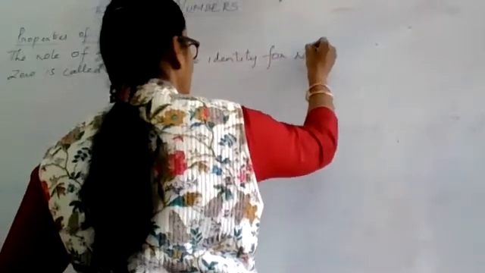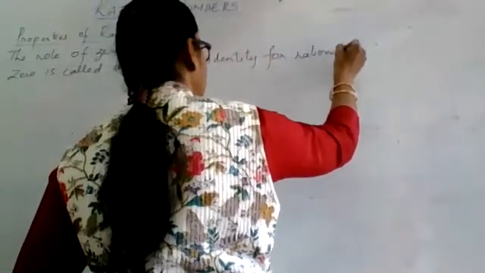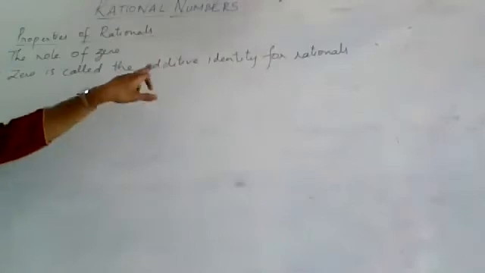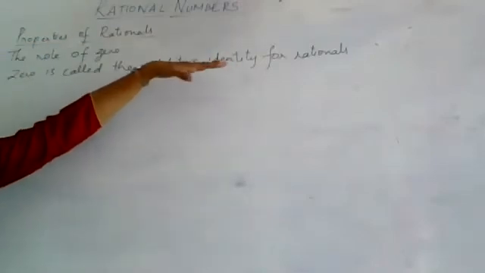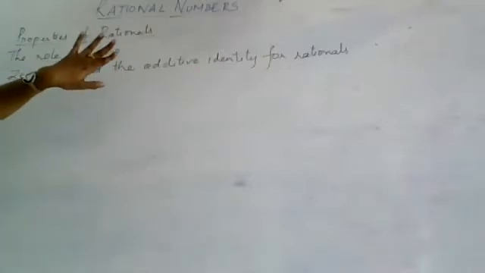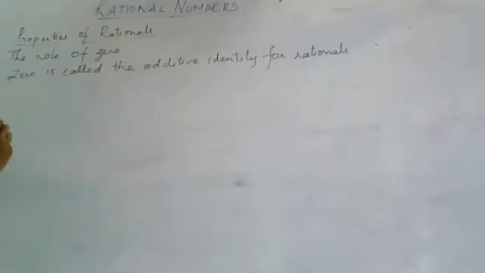It is very clear from the word additive identity: when you add 0, you get back the same number. That is why it is identity.